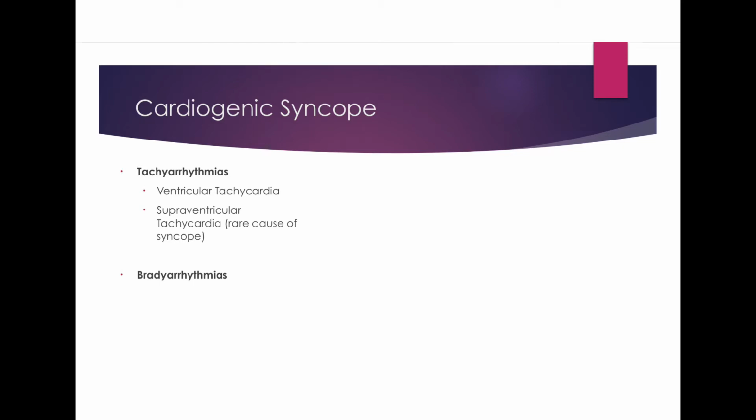Bradyarrhythmias, which include sick sinus syndrome and high-grade AV blocks, can also cause a decrease in cardiac output and syncope. Ischemic heart diseases and MI can also cause a decrease in cardiac output.